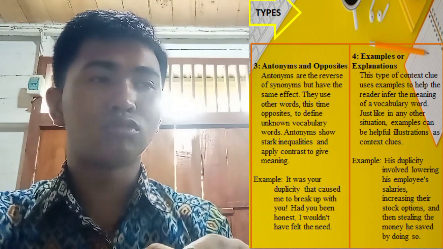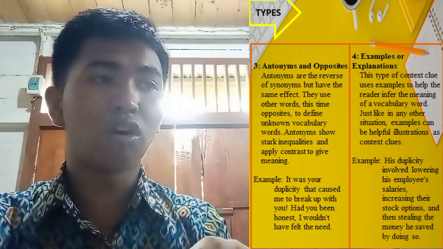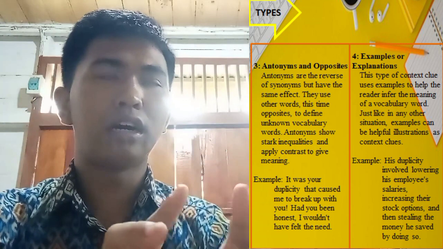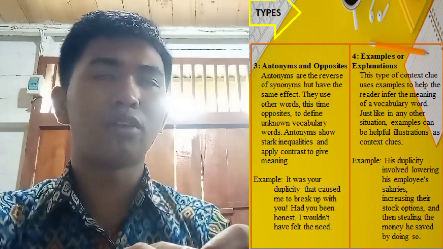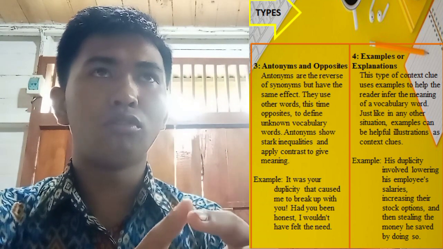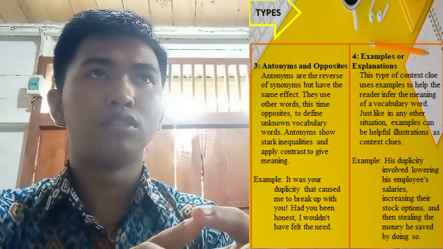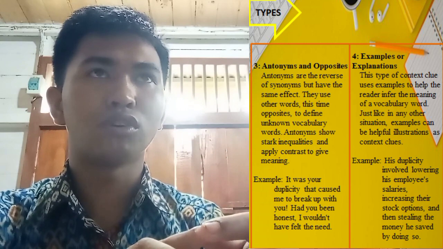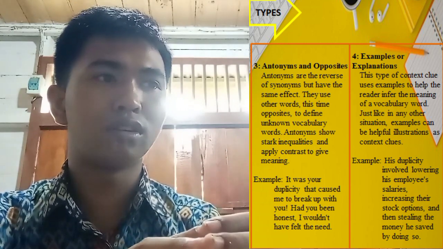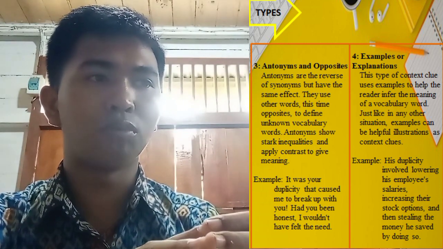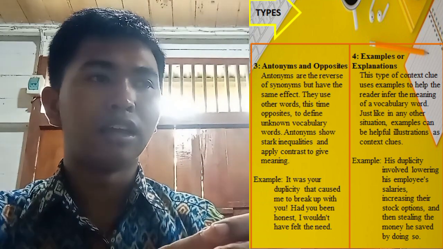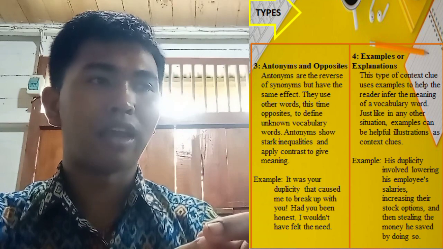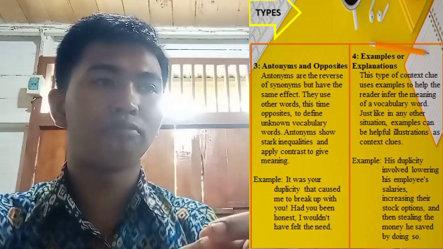When we do not understand one word, we can look at the antonym of the word, so we can understand the word by its antonym. Antonyms show inequalities and apply contrast to give meaning.